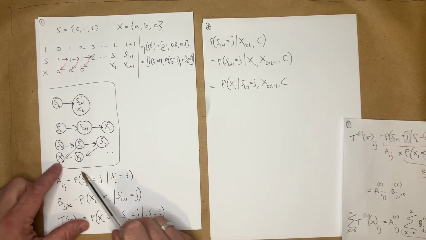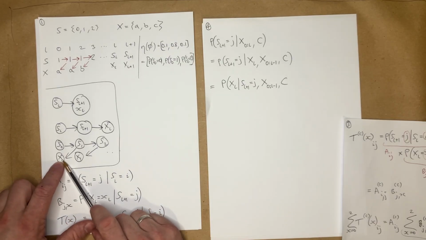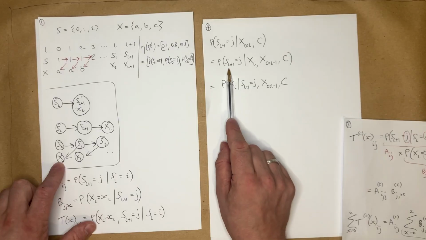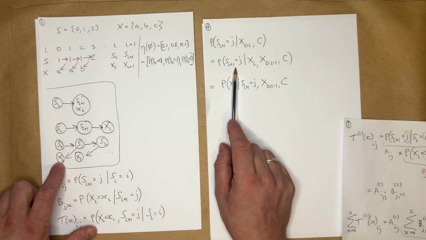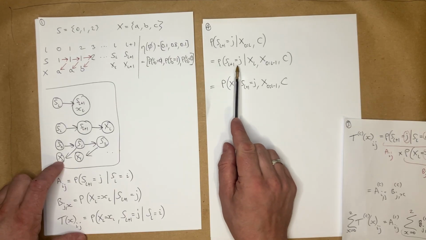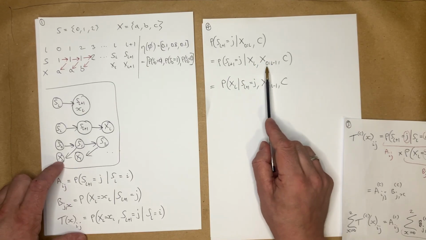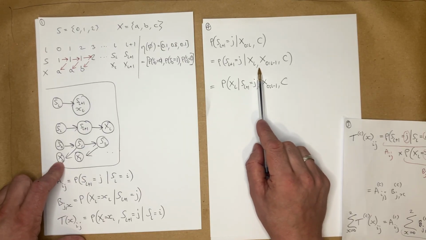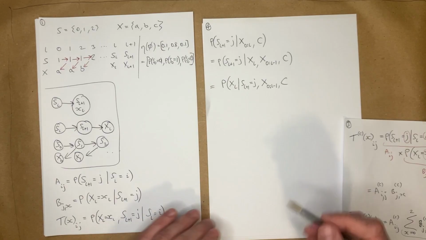The preceding tokens don't have any dependence on S of L plus 1, because S of L plus 1 only determines the token at XL. Therefore, the tokens from 0 to L minus 1 are just background information. So by virtue of the Markovian property, I can separate them out. So that's why I'm writing it like this.